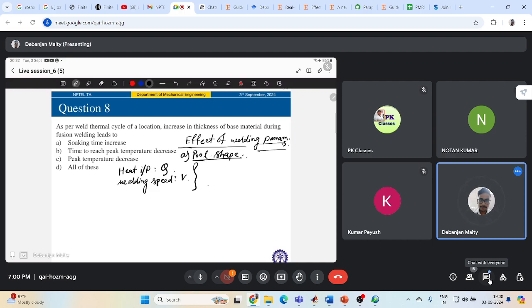Now if you see, if both these Q and V increase, your weld pool becomes more elongated in nature. So it will look something like this.